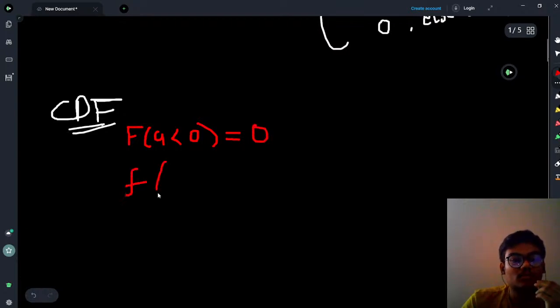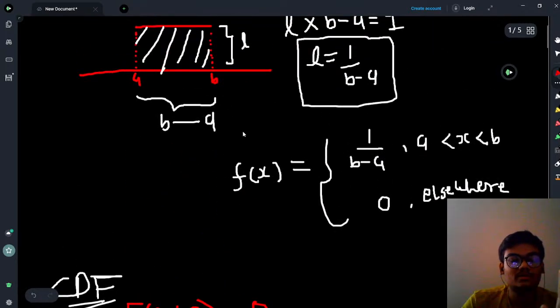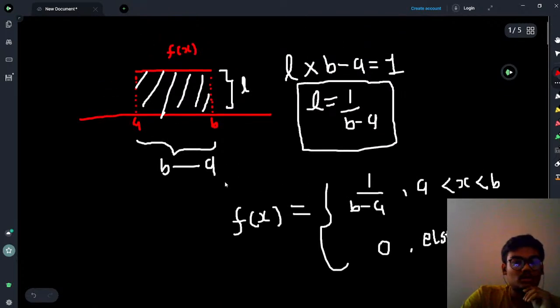Now for x greater than b, we don't have any function value, so is the value of the CDF 0? No, the value of the CDF is not 0. Why? Because the CDF is the cumulative distribution function, so it will take the earlier area also. The area under the range a to b is 1.